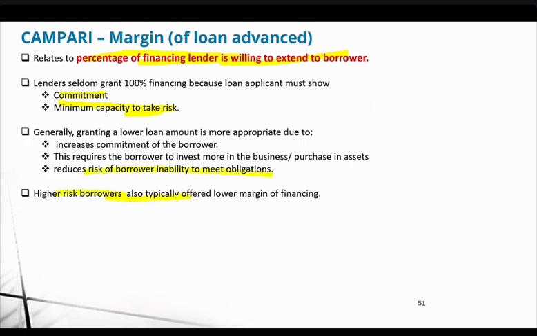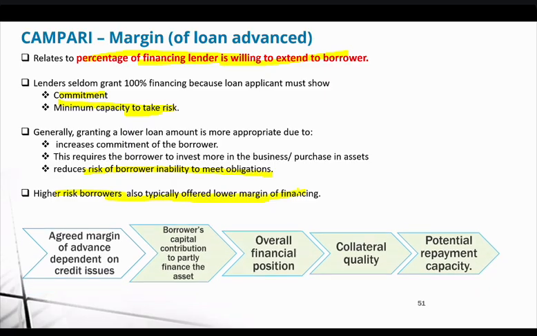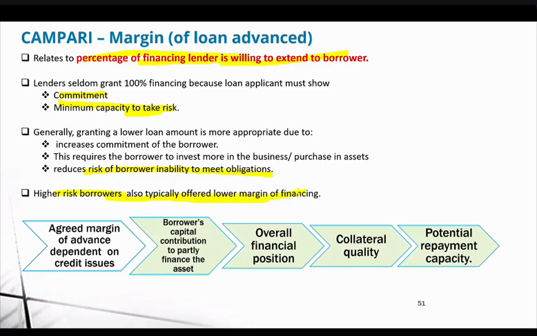For high risk borrowers, we typically offer a lower margin of financing. The agreed margin of advance depends on four credit issues: the borrower's capital contribution to partly finance the asset, the borrower's overall financial position, the collateral quality, and potential repayment capacity.